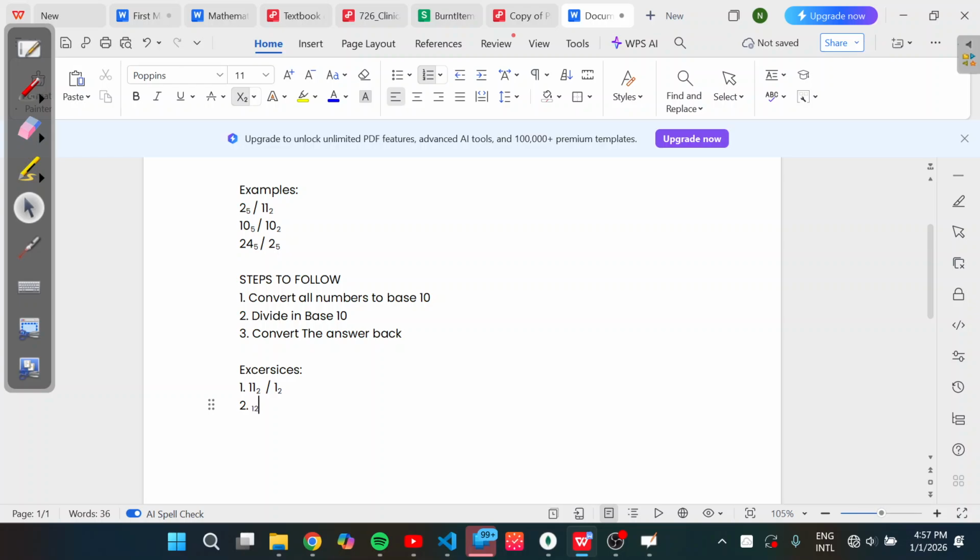Then solve 12 base 3 divided by 2 base 3. Next one, or the last one actually, solve 20 base 4 divided by 10 base 4.